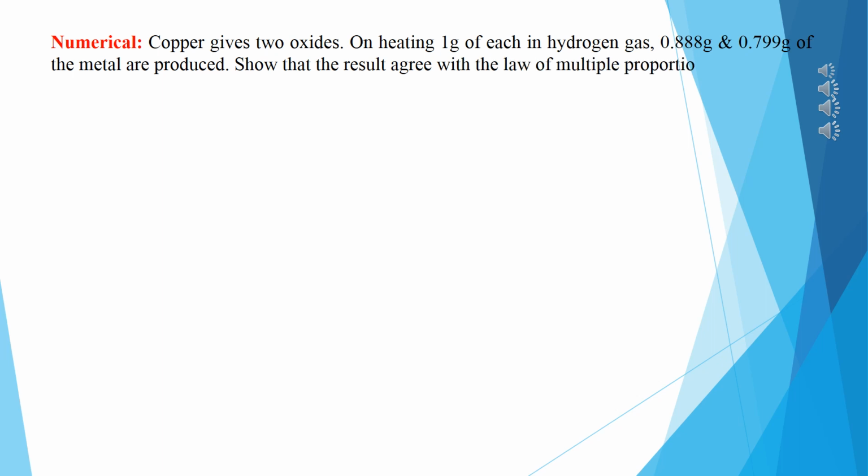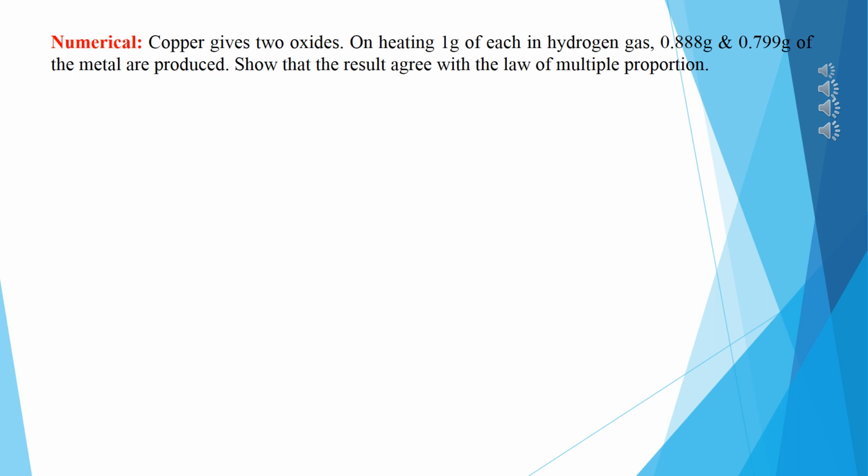So in this numerical, the weight of both the copper oxides is given, that is 1 gram, and it is also given that in 1 gram the weight of the metal, that is copper, is given.